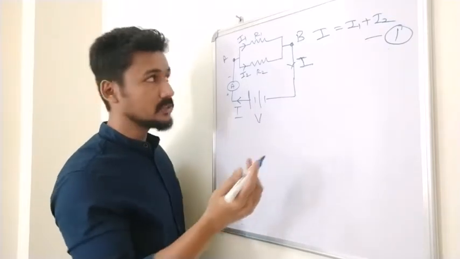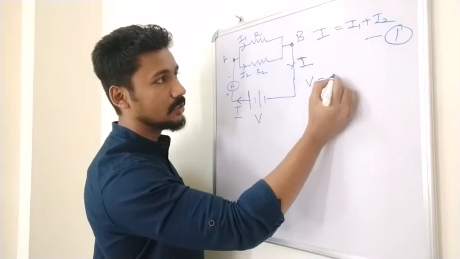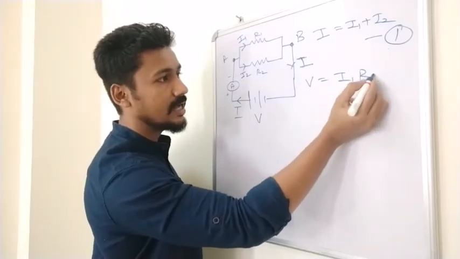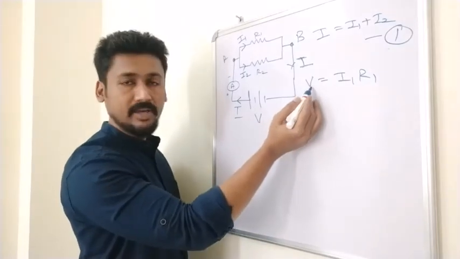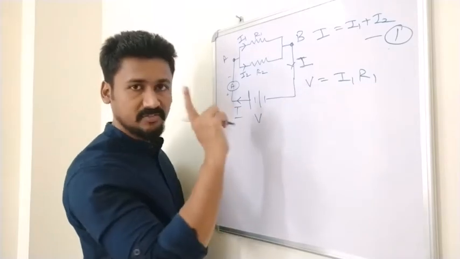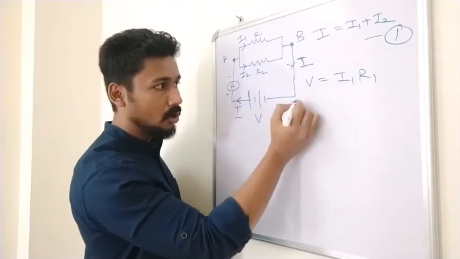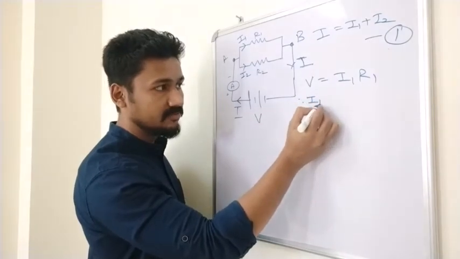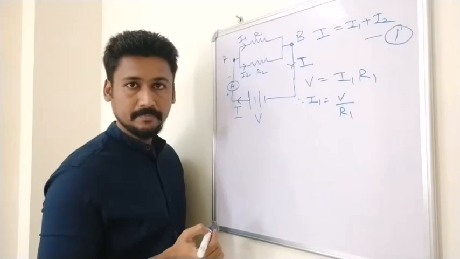Then, using Ohm's law for R1, we can write V is equal to I1 R1. Again we are using Ohm's law, but now we are not writing V1 because the voltages are the same. So for the first resistor, V is equal to I1 R1, therefore I1 is equal to V divided by R1.